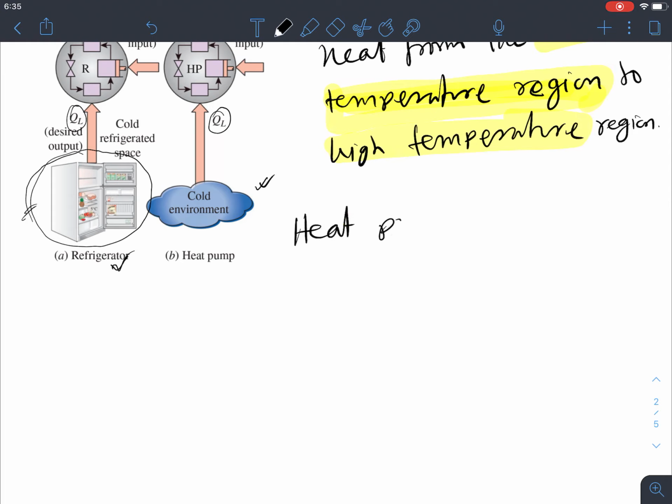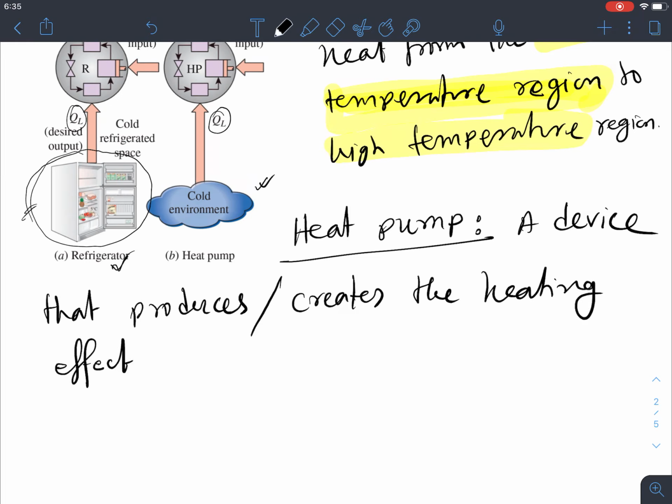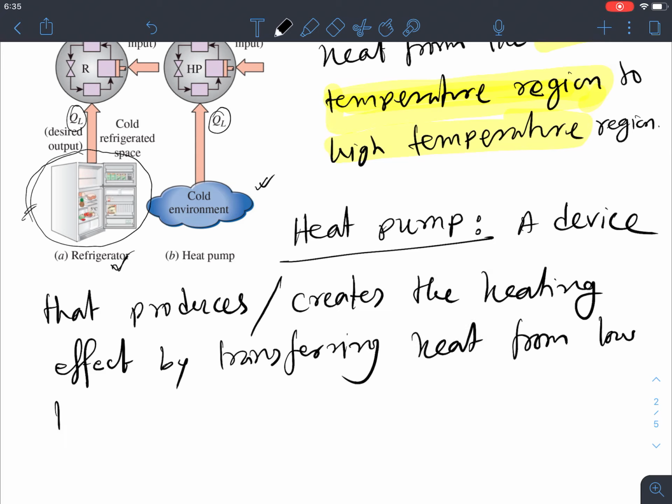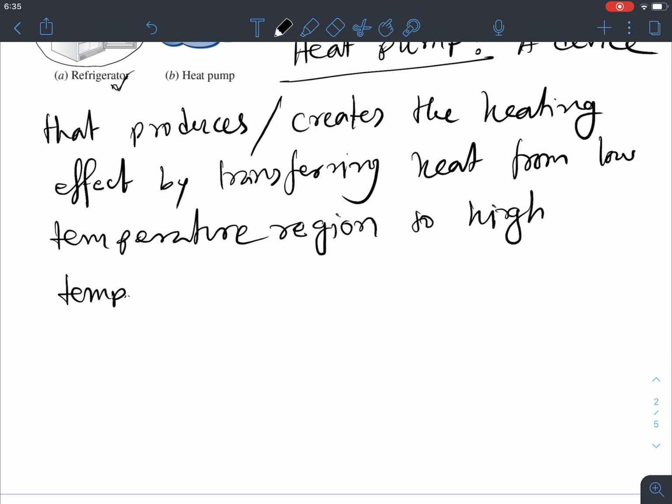So the heat pump is basically a device that produces or creates the heating effect by transferring heat from the low temperature region to the high temperature region.